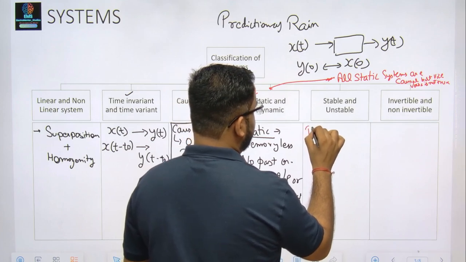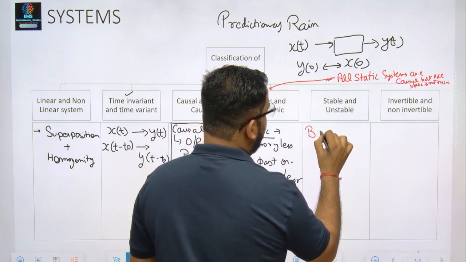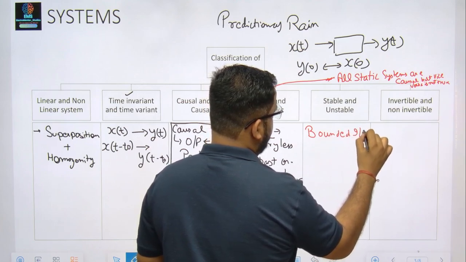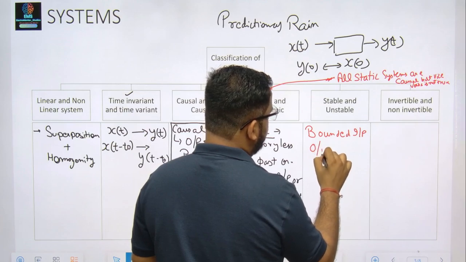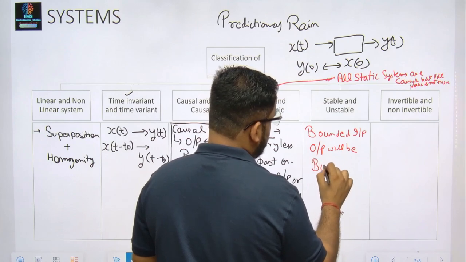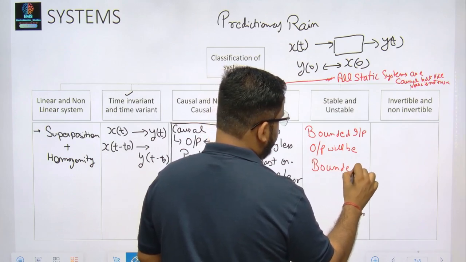Stable and unstable. What does this system say? This system says for any bounded input, my output will be bounded.